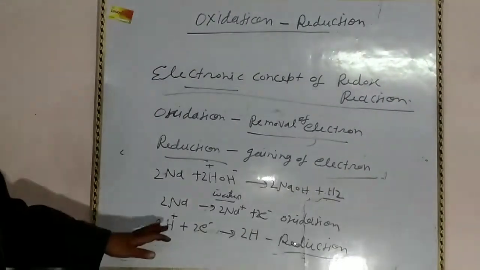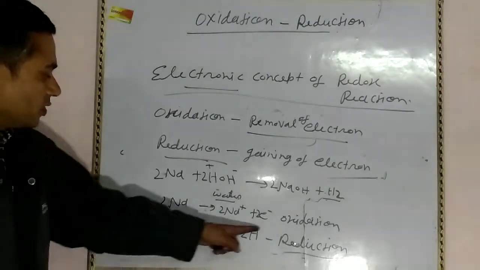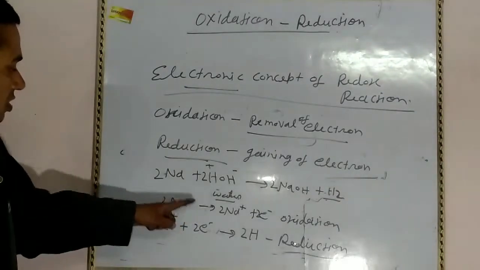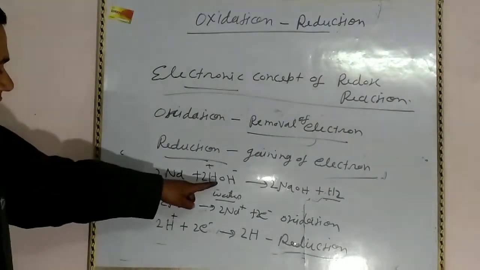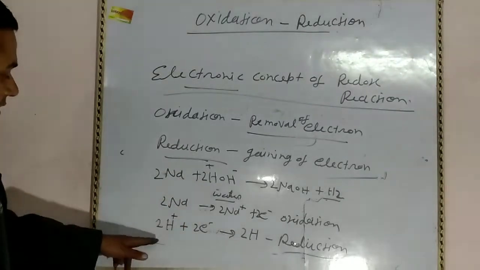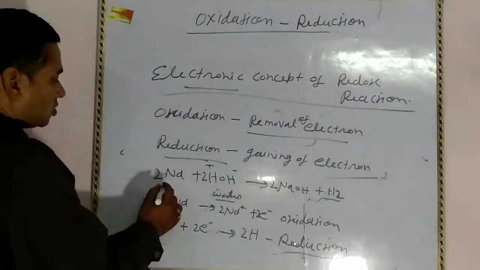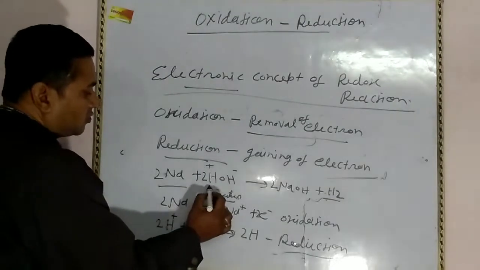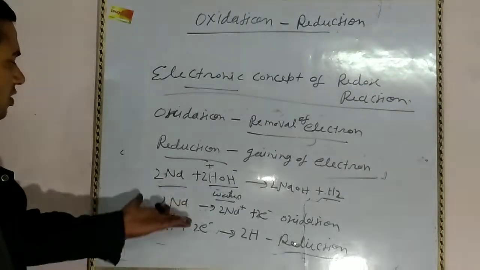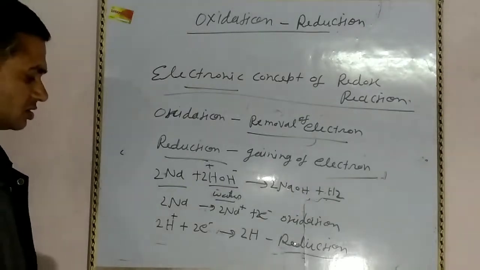So in this way you can see the removal of electrons from sodium, so there is oxidation of sodium, and here the accepting of electrons by hydrogen, so there is reduction of hydrogen. So sodium has been oxidized and water has been reduced.